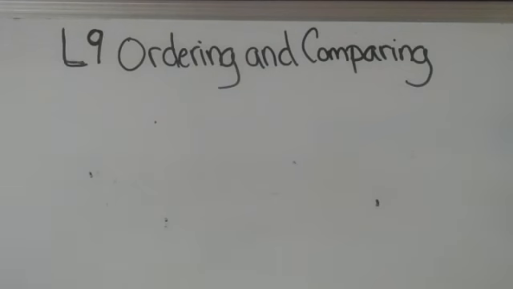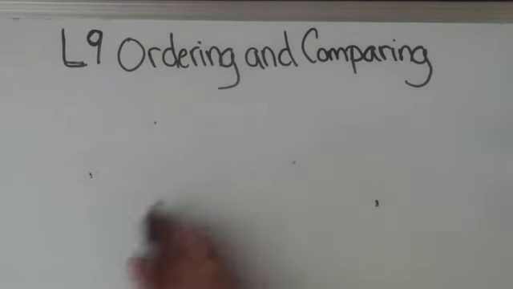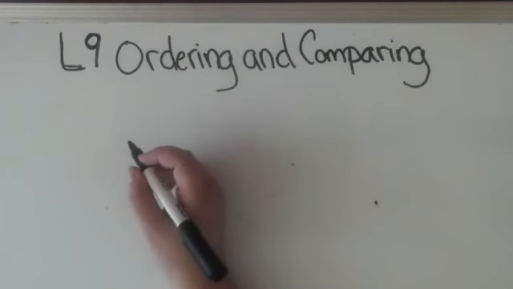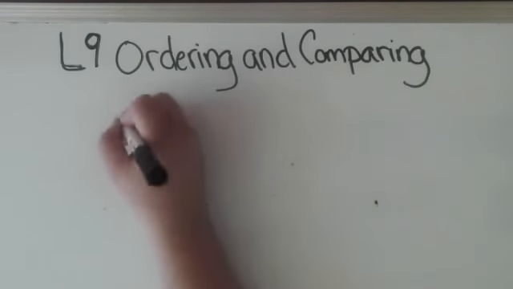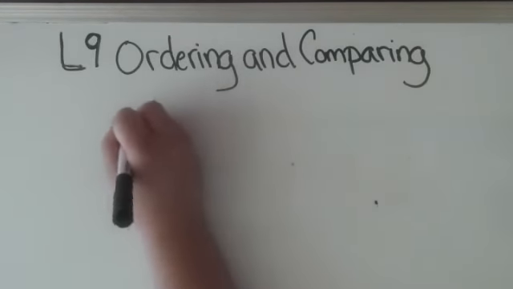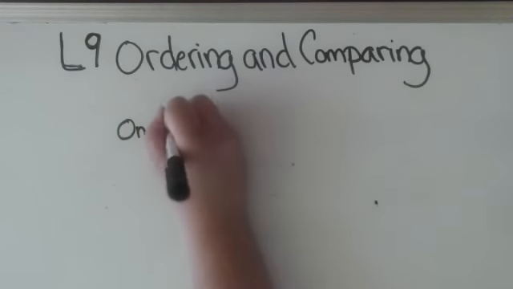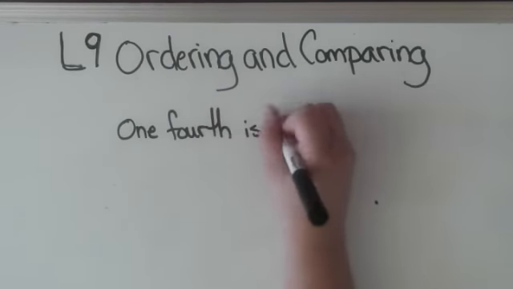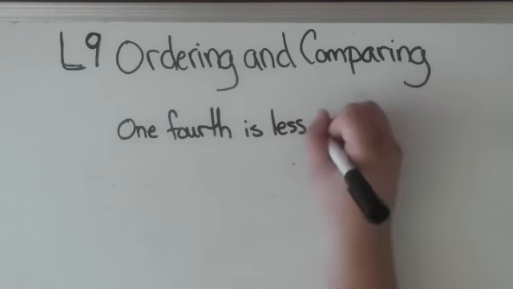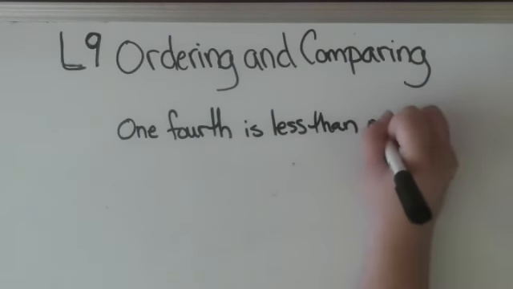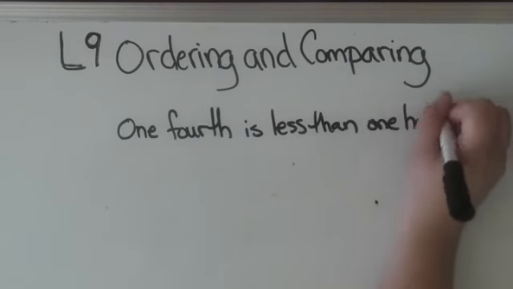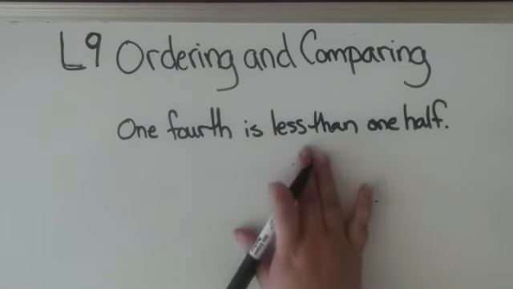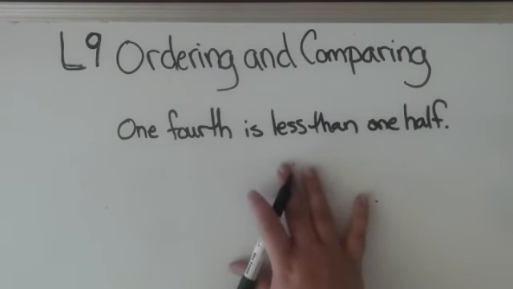If I have a sentence that I need to translate into digits and symbols, or numbers and symbols, let's try this one. 1/4 is less than 1/2. I now need to write this using my digits, my numbers, and my symbols.